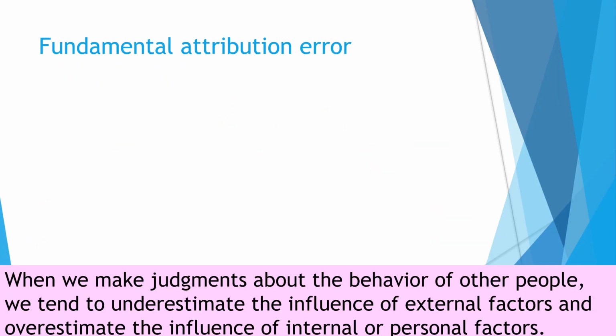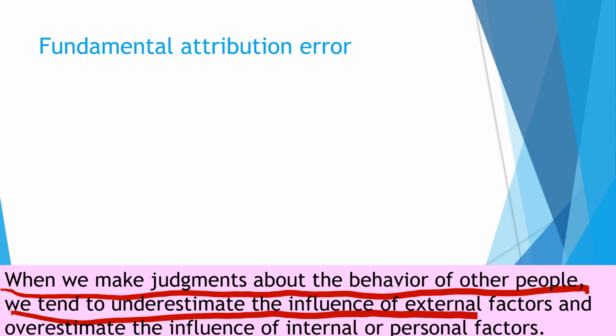So now let's talk about the fundamental attribution error. When we make judgments about the behavior of other people, we tend to underestimate the influence of external factors and overestimate the influence of internal or personal factors.